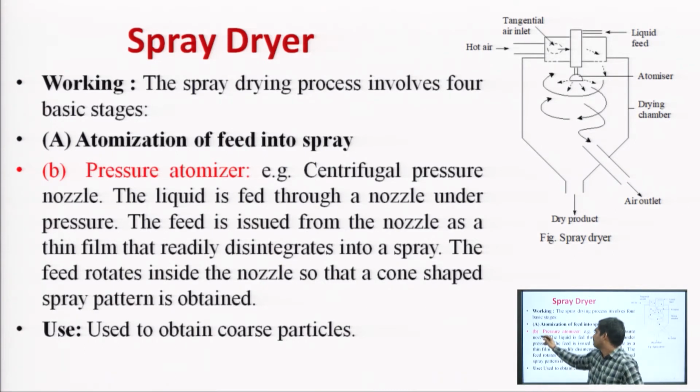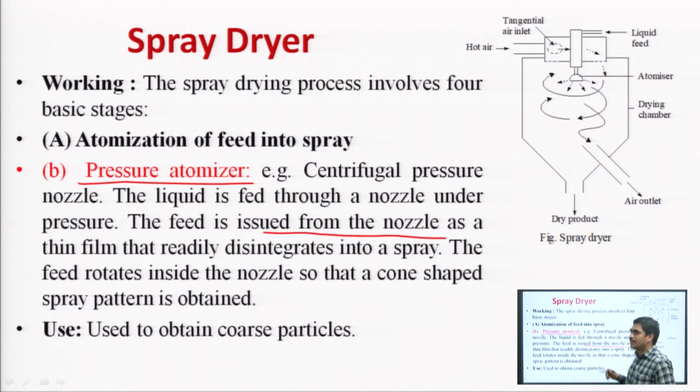The next is the pressure atomizer. An example is the centrifugal pressure nozzle. In this case the liquid is fed through a nozzle under pressure. The fed liquid comes out of the nozzle as a thin film and as soon as it comes out, it disintegrates into a spray.